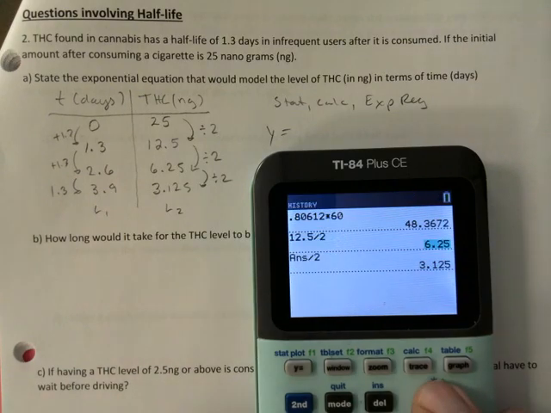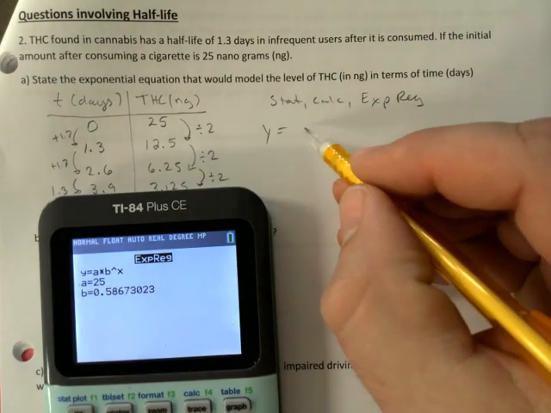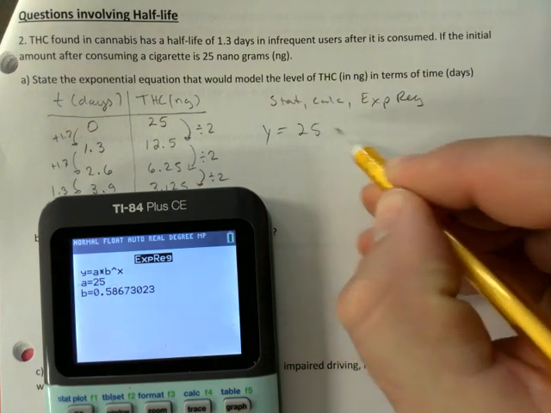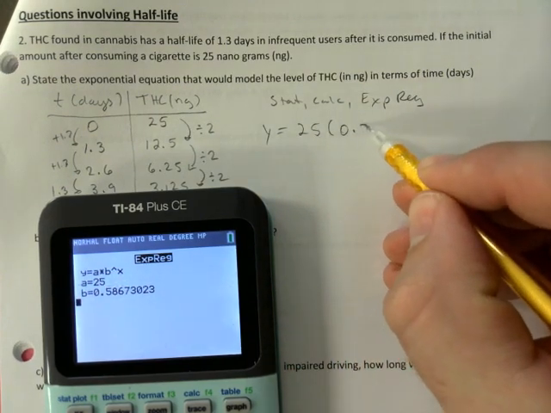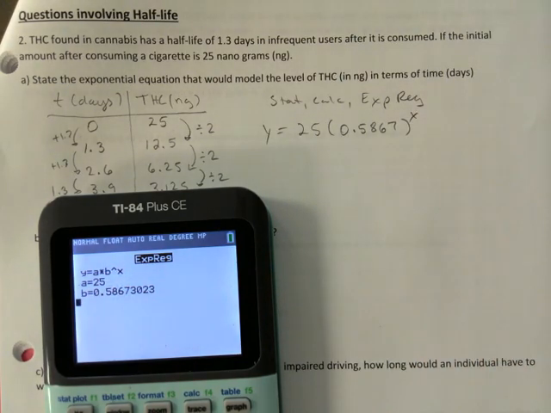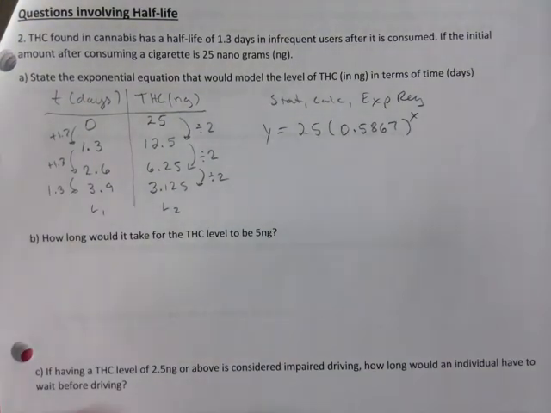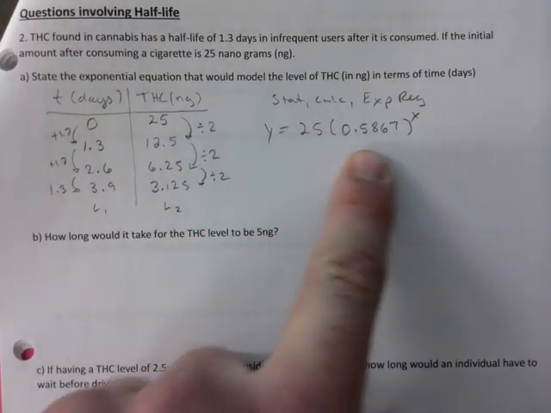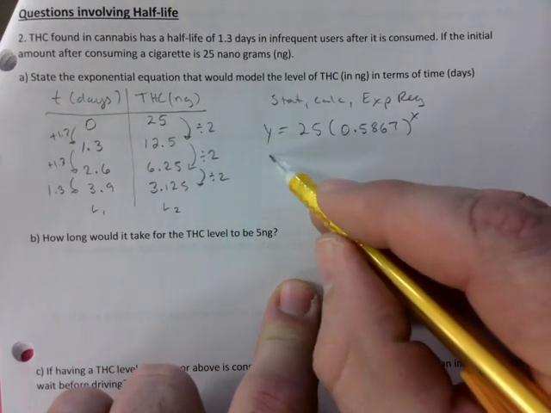Okay, so let's go ahead and do that. I can probably just borrow one of the top lines here. And I have no surprises with the 25. 0.5867 to the power of x. I'm not asking you for that here, so let's just state that.